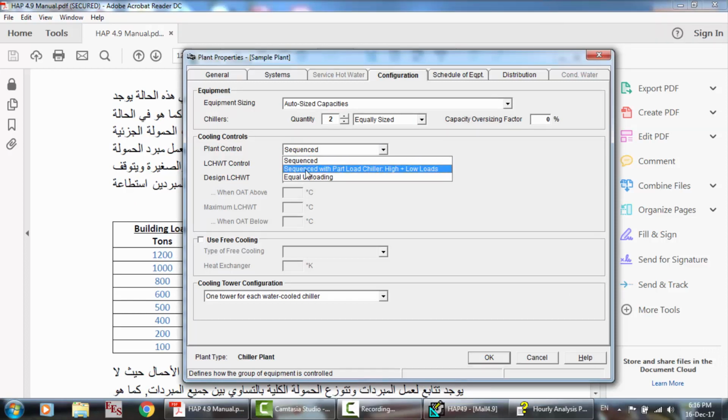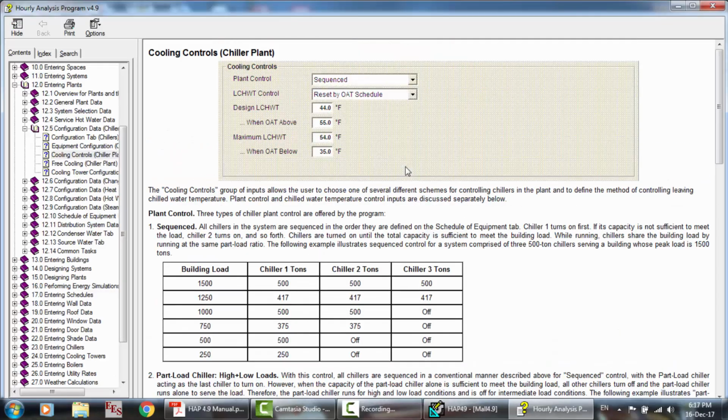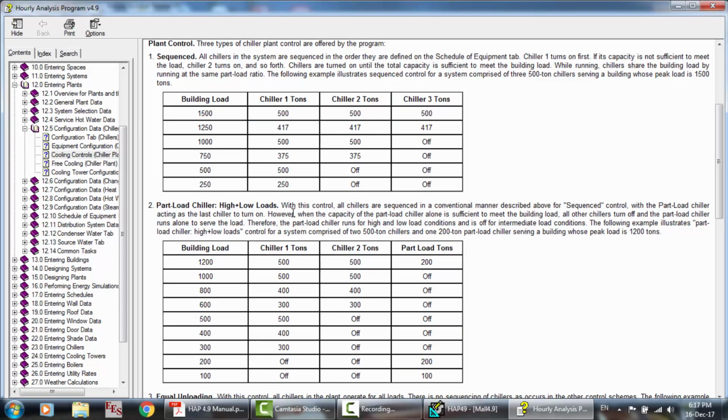If you have sequenced with part load chiller, for high plus low loads, all the chillers are sequenced in a conventional manner as described above for sequenced control, but with the part load chiller acting as the last chiller to turn on.